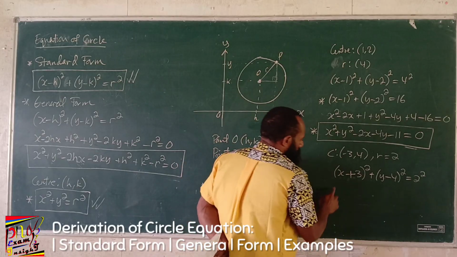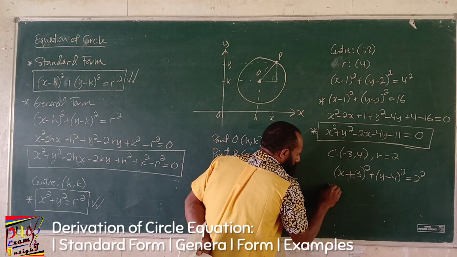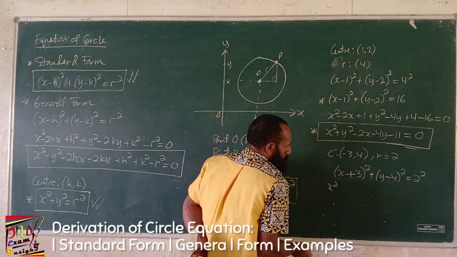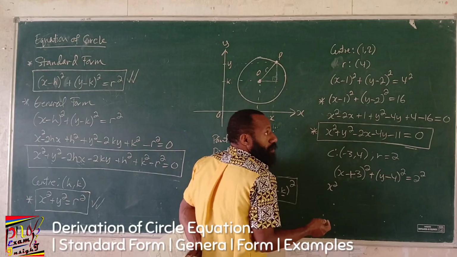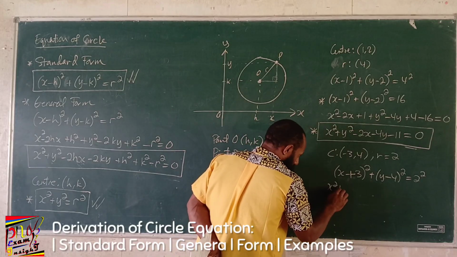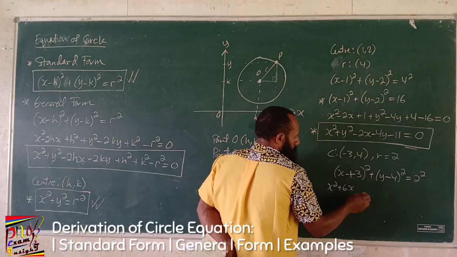Okay, let's expand the brackets first. X squared, next 3x times 2 is plus 6x, plus 9.